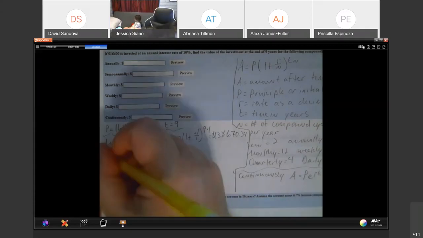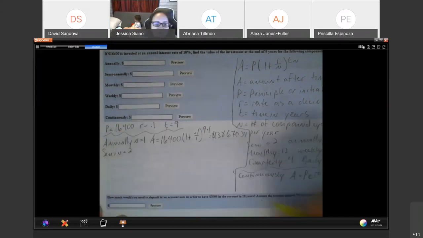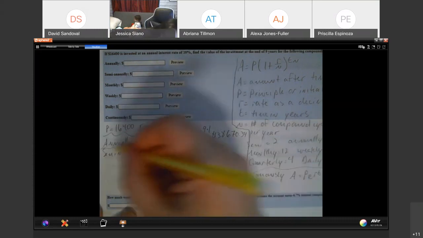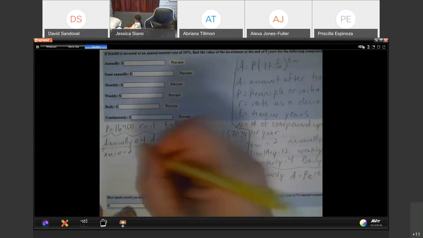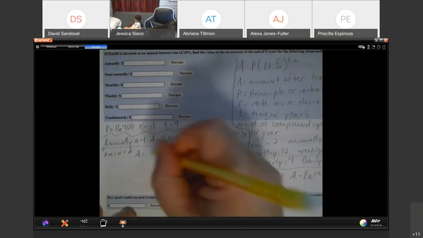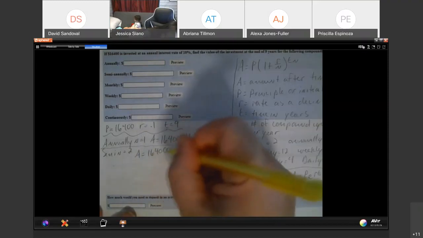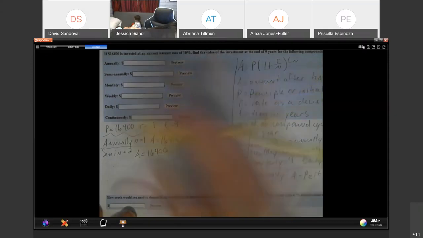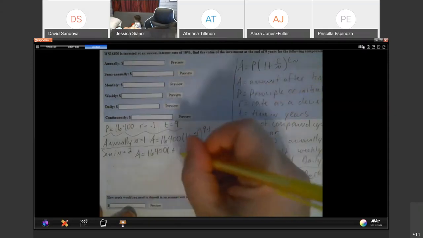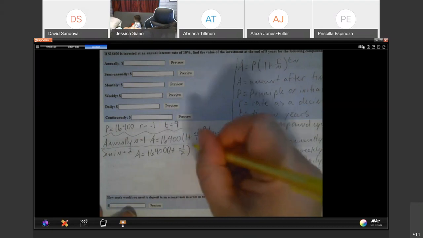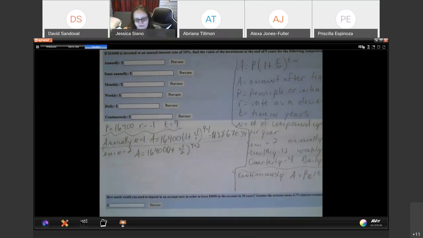Then semi-annually, n is 2. So now A equals 16,400 times 1 plus 0.1 over 2 to the 9 times 2.